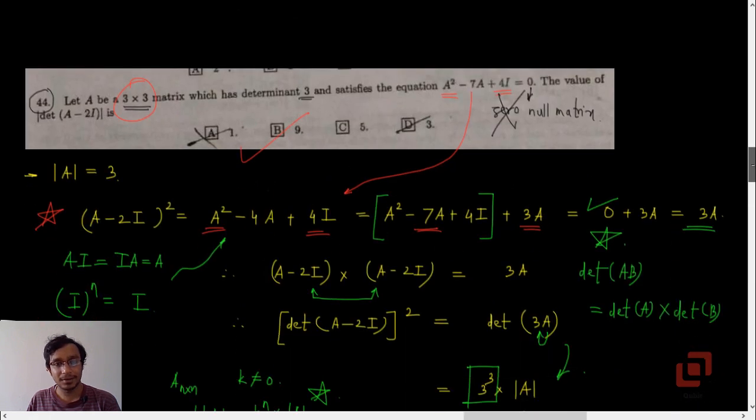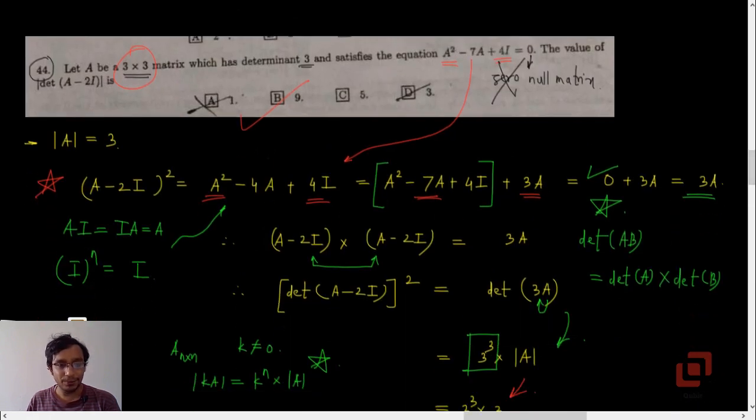And if you go to option A, it appears that the student actually decided to mark A, and then he or she changed his or her mind and went for option D. So what was the thought process behind obtaining 1?